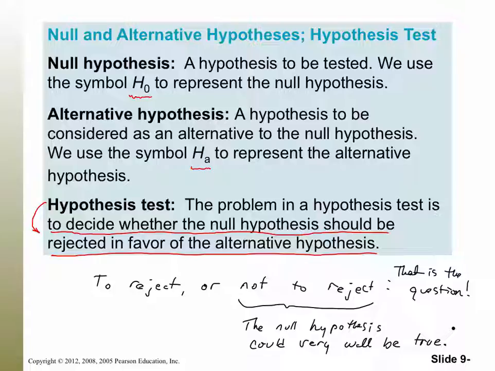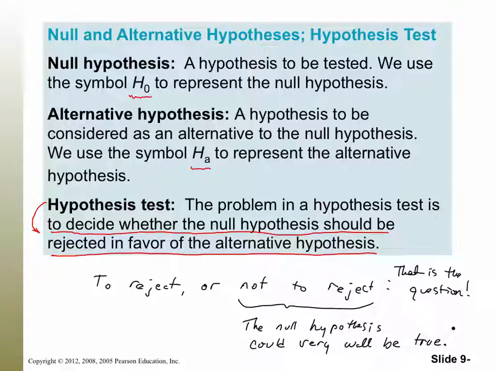But a conclusion of these tests is never that the null hypothesis is true. We never conclude that. The best we can do is not reject the null hypothesis. It might be true. So that's really important.